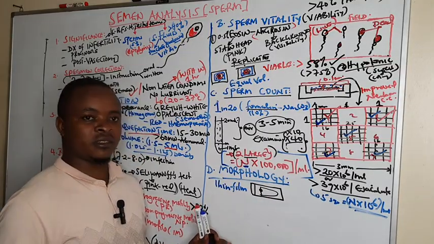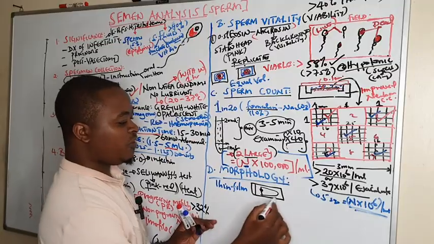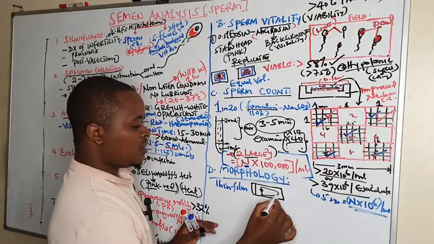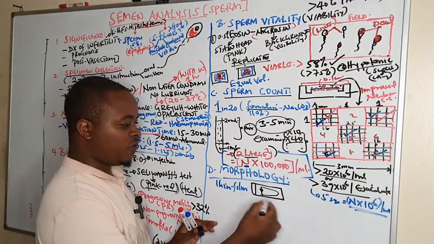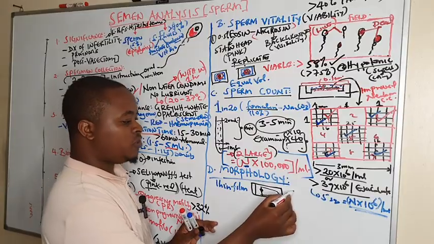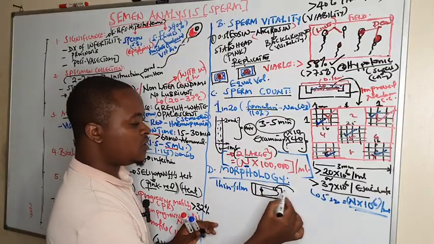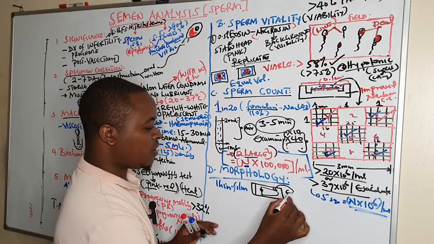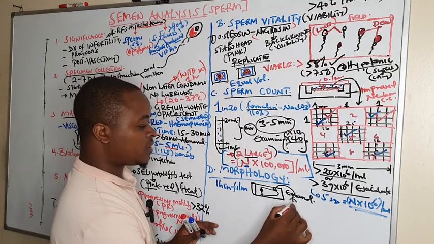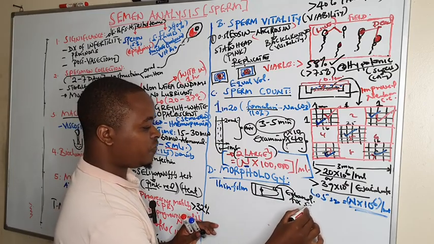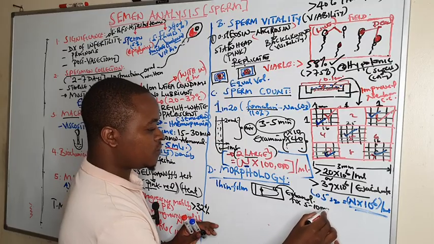of the ejaculate. Then this film, you would normally leave to air dry, but here we don't allow it to air dry. Immediately after making a thin film, you fix it when it is still wet using absolute ethanol. Use absolute ethanol to fix between 5 to 10 minutes.